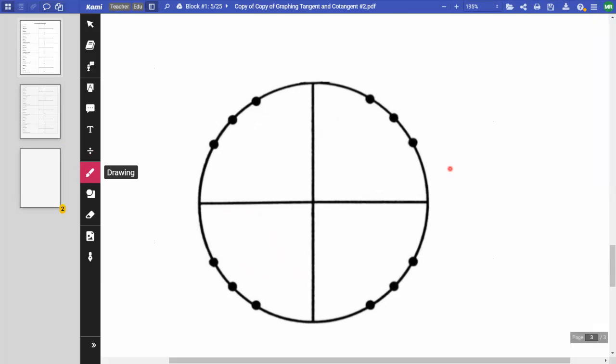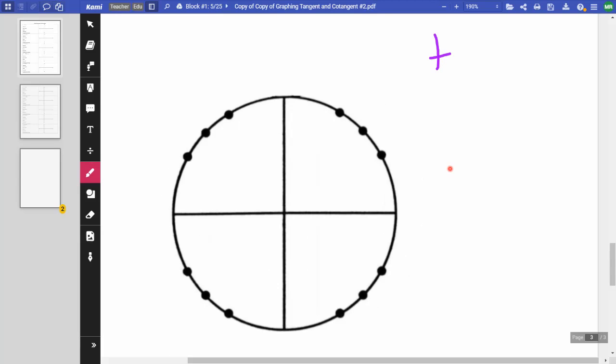So remember that tangent of an angle is equal to the sine over the cosine, or the y over the x when I'm on the unit circle.